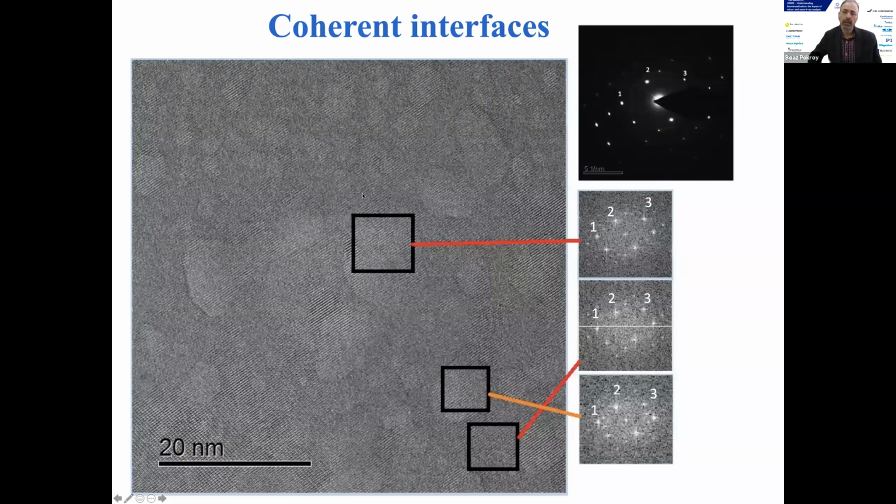But if you look at the pristine structure, so this is part of the lens. First of all, you can see that electron diffraction of this entire area indeed diffracts as a single crystal, as we saw. But you can see now in the high resolution image these nanoparticles that are, of course, rich in magnesium. That's why they are lighter in contrast, but they're completely coherent with the matrix. And if we perform an FFT on the lattice image at different areas, you can see that they're all exactly the same as the electron diffraction.